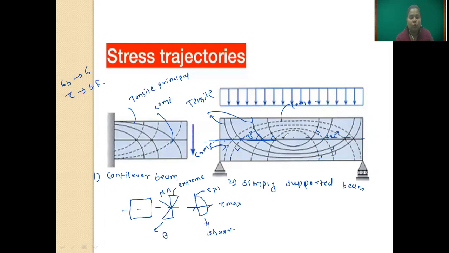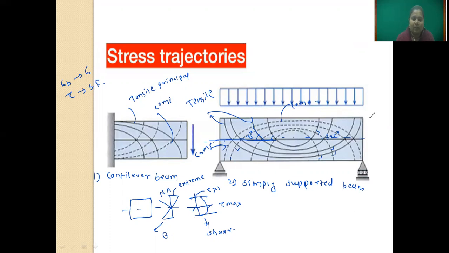So at the top and bottom surface of the beam, where shear stresses are zero, you observe here shear stresses are zero at the top surface. So shear stresses are zero at extreme fibers. At that point, trajectories are horizontal or vertical.